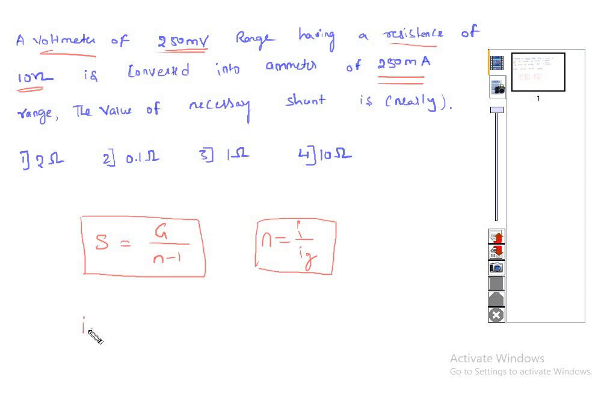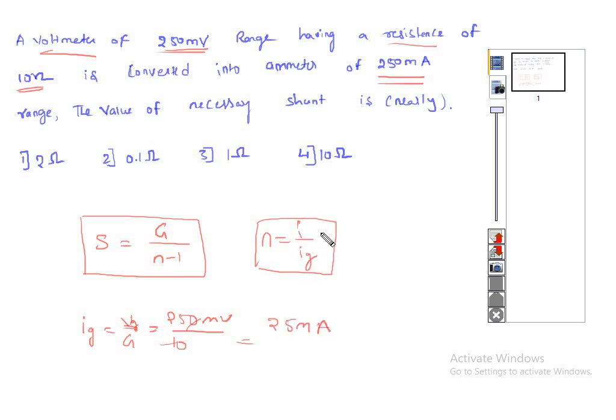So Ig is equal to V by G, where G is the resistance of the galvanometer. So Ig is 250 millivolts by galvanometer resistance 10, which gives 25 milliampere. So we have got Ig.